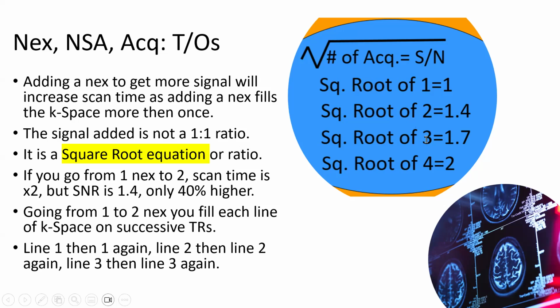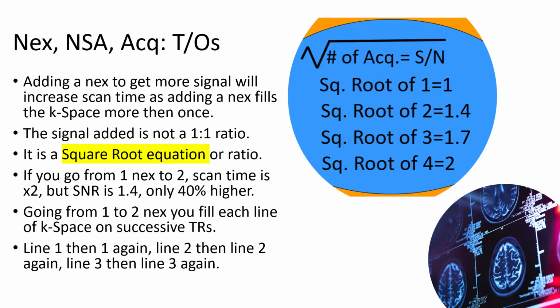The square root of 3 is 1.7. The square root of 2 is 1.4. So going to 3 NEX from 1, you're going to add 70% signal to noise at the expense of tripling your scan time. So it's a square root equation.